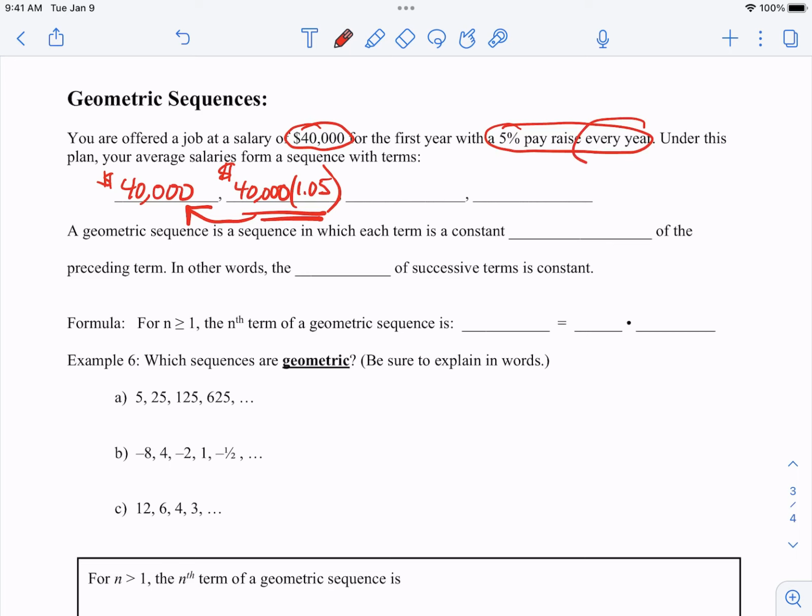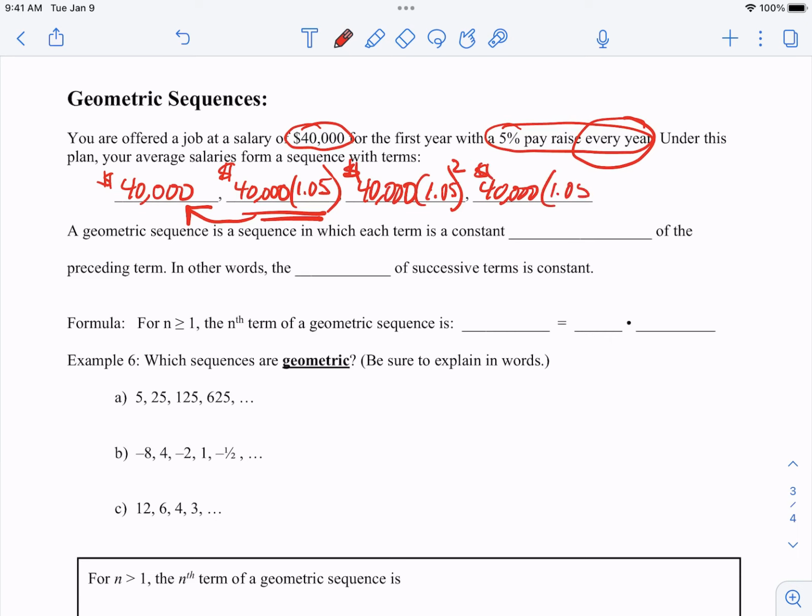And if it happens every single year, well then the next year is going to be 1.05 times the previous year. Well, if you take this previous year times another 1.05, then that will become 1.05 squared. And I think maybe you can start to see what the pattern becomes here.